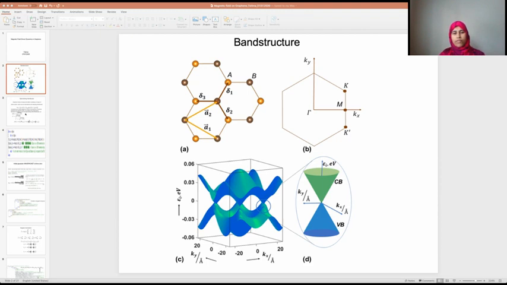On the bottom left panel, this is the band structure we calculated using the MATLAB code. As you can see, there are 6 K points at the 6 corners of the Brillouin zone, and at each K point, the valence band and conduction band touch each other, as you can see on the zoomed in image on the bottom right panel.